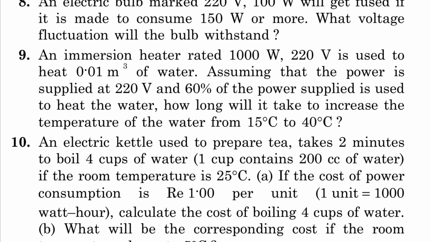Now in question 9, an immersion heater rated 1000 watt and 220 volt is used to heat 0.01 meter cube of water. Assuming power is supplied at 220 volt and 60% of power supplied is used to heat the water, how long will it take to increase the temperature of water from 15 degrees Celsius to 40 degrees Celsius?